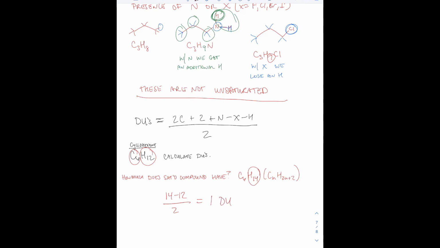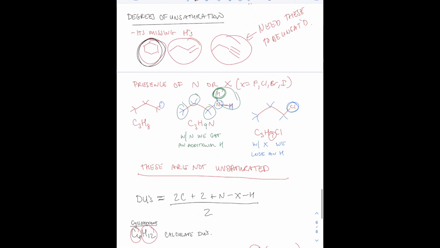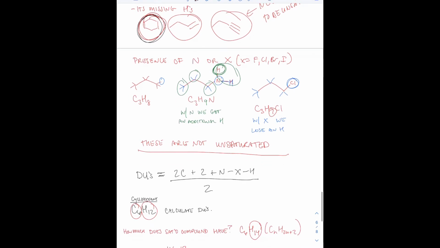So that means we have 1 degree of unsaturation, which is due to the presence of that ring. If you're just looking at a substance, then one ring is a degree of unsaturation. If you have 2 rings in that molecule, then you automatically have 2 degrees of unsaturation.